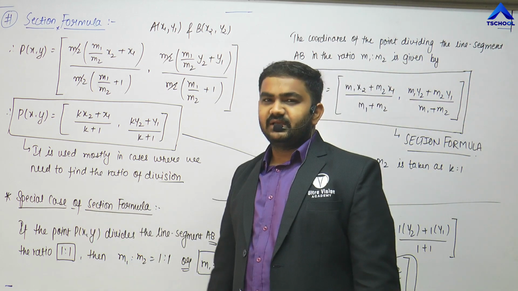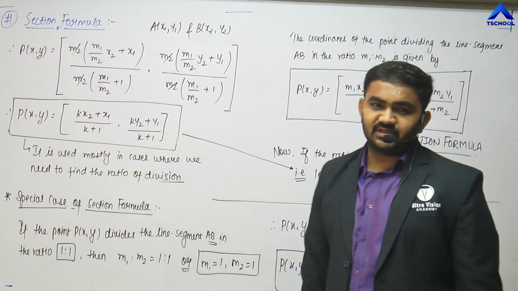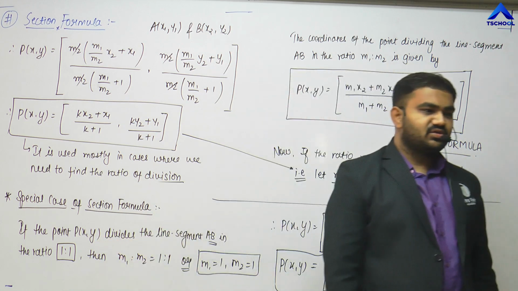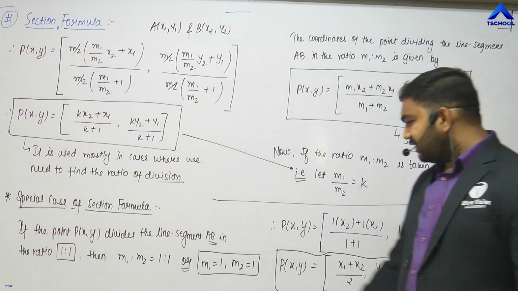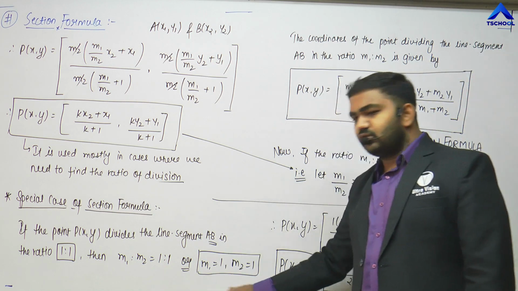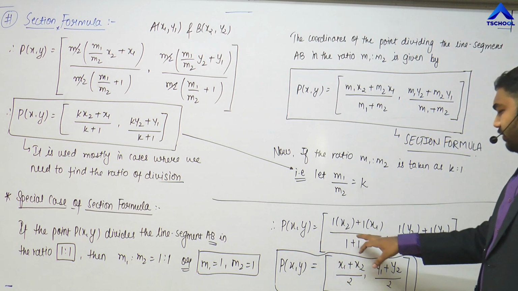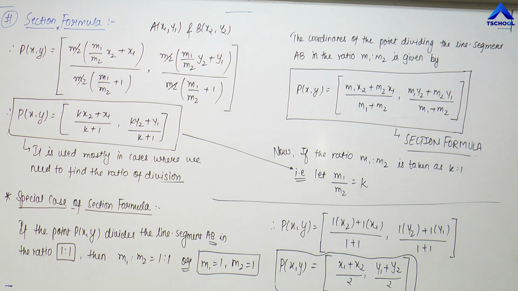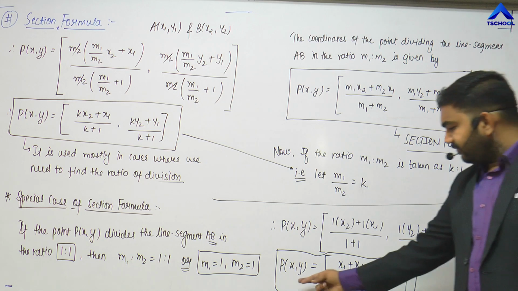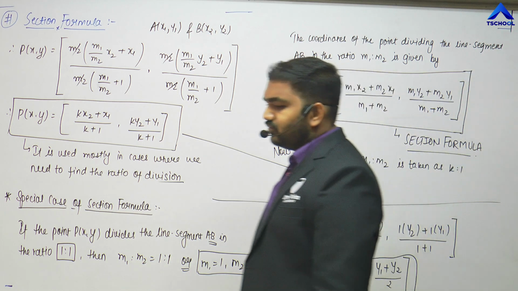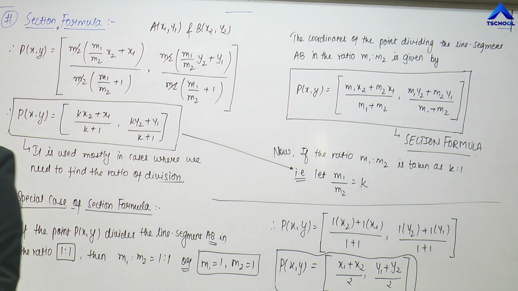Now in this special case we are going to take the ratio as 1:1. So if the point P(x, y) divides the line segment AB in the ratio 1:1, then we shall replace m1 and m2 both by 1. Similarly, we get P(x, y) equals (1 into x2 + 1 into x1)/(1 + 1) and so on. Hence, we get the special case of the section formula, that is P(x, y) equals ((x1 + x2)/2, (y1 + y2)/2). Right?